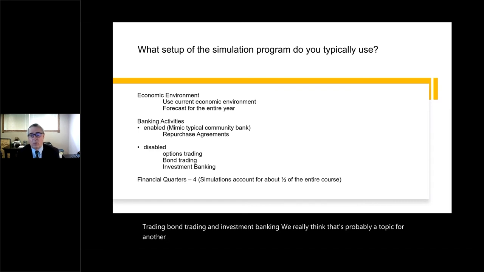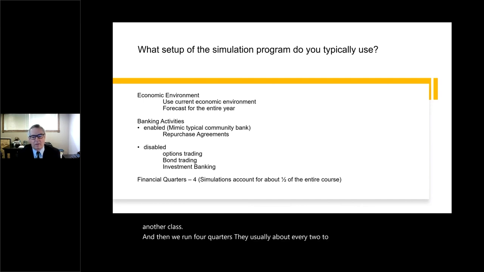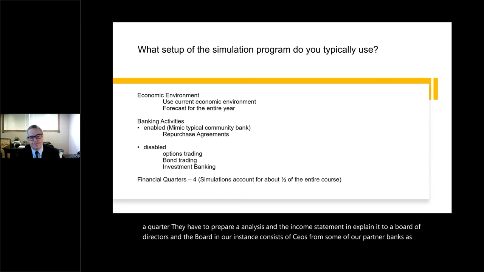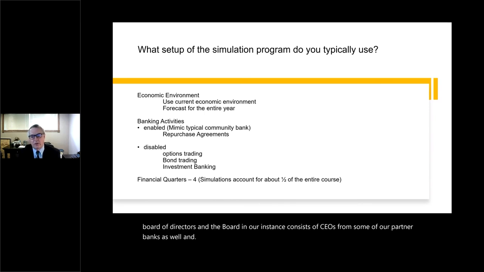And then we run 4 quarters. About every 2 to 3 weeks, the students have a quarter. They have to prepare an analysis and the income statement and explain it to a board of directors. And the board, in our instance, consists of CEOs from some of our partner banks as well. A couple of things happen as a result of this.